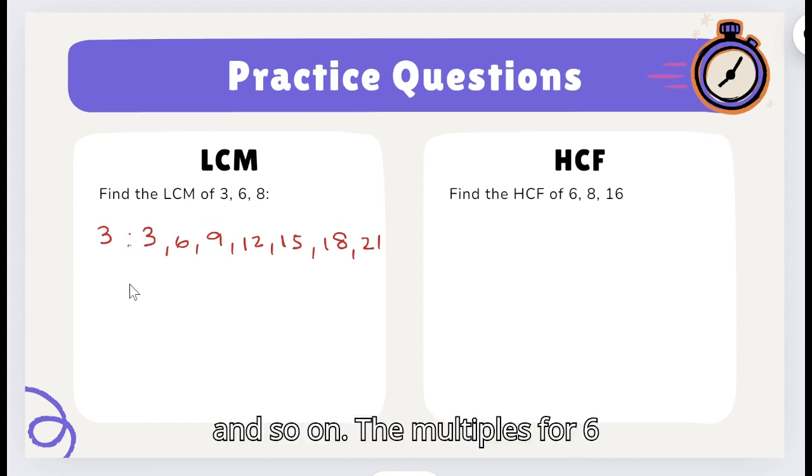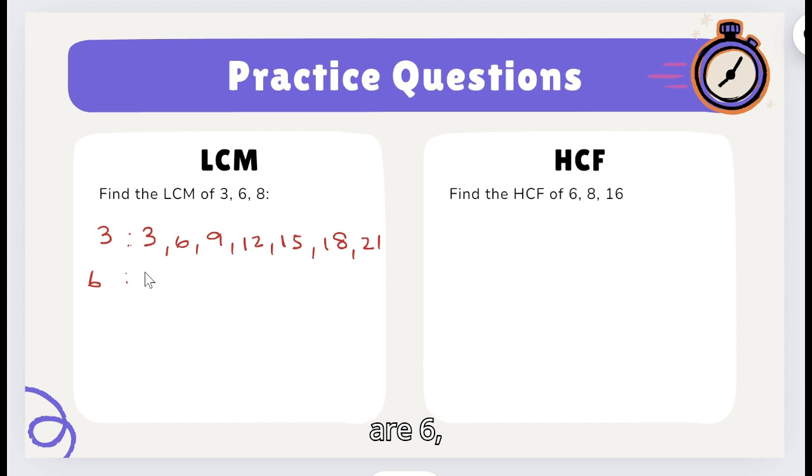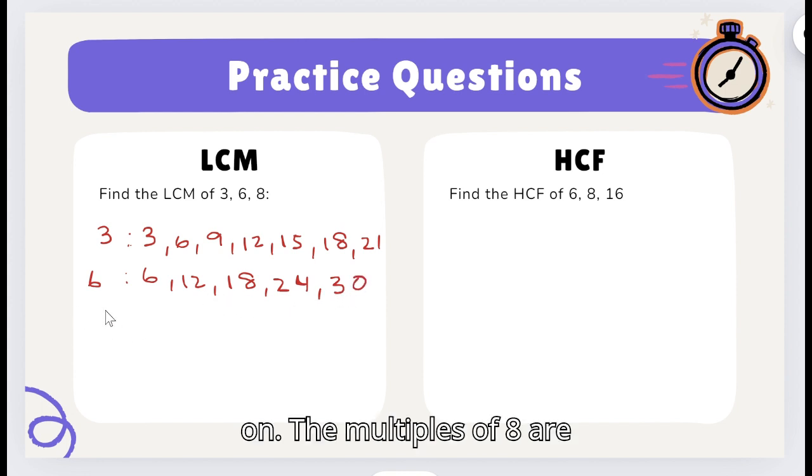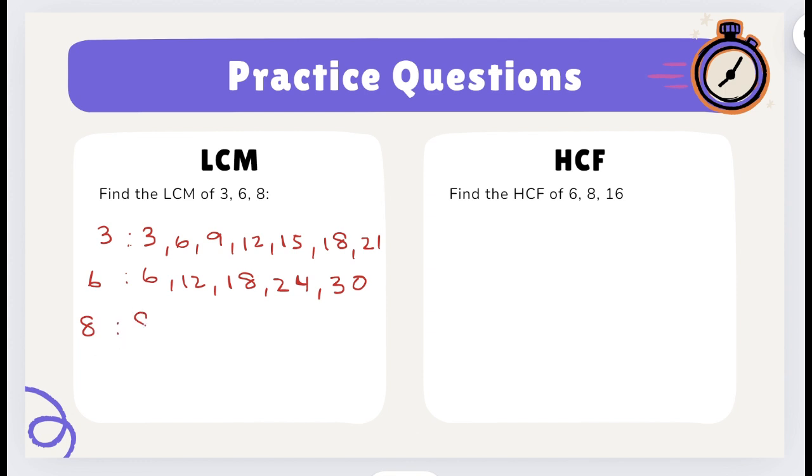The multiples for 6 are 6, 12, 18, 24, 30, and so on. The multiples of 8 are 8, 16, 24, 32, and so on.